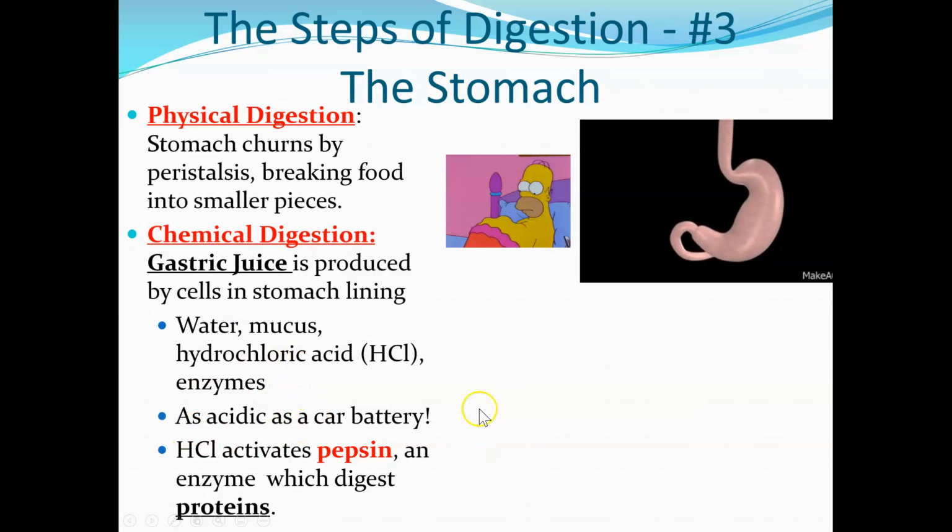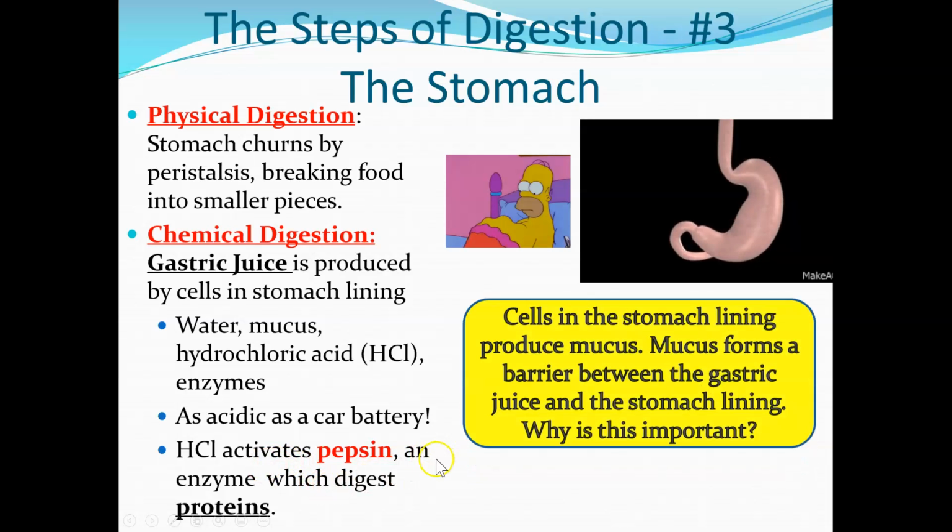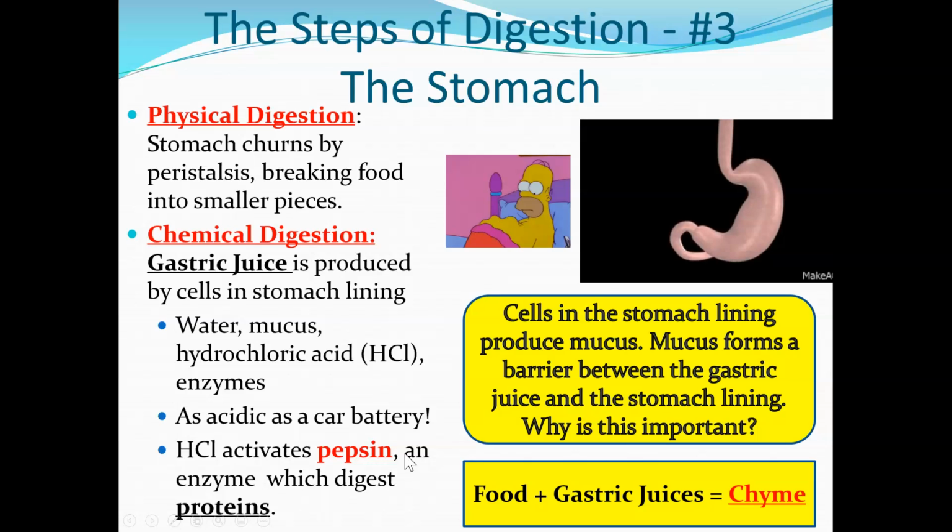It's really acidic in your stomach and needs to be in order for certain enzymes to function optimally. So hydrochloric acid activates an enzyme called pepsin, which is specifically designed to break down proteins.